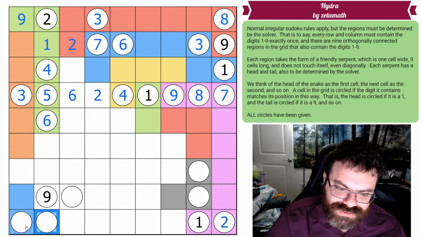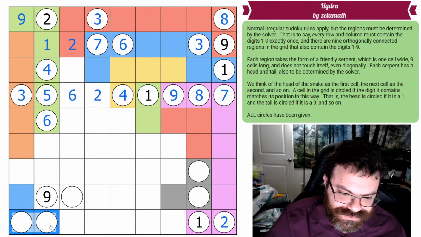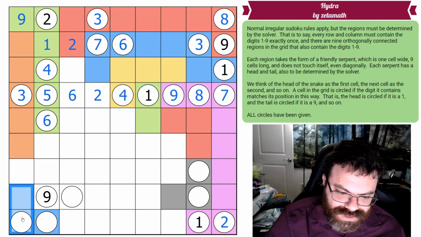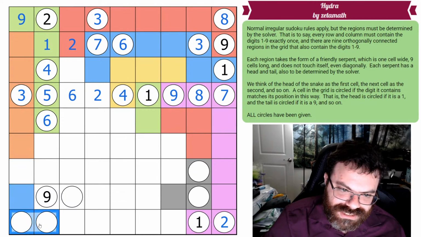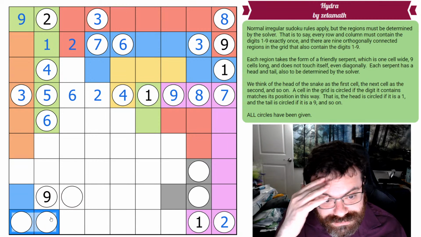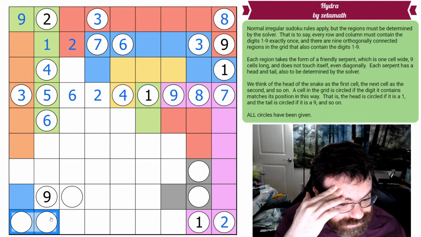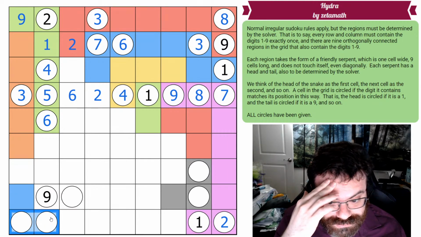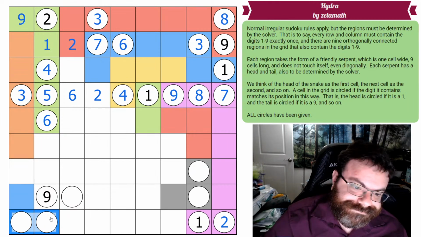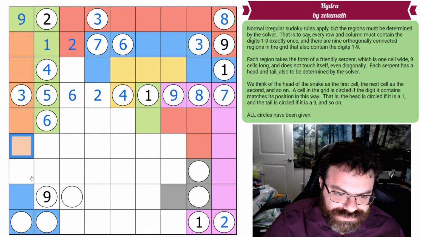Oh no, these 2 can't be 2. If it started here, we'd have 1, 2, 3. And if it ended here, we'd have 9, 8, 7. That actually seems okay. Okay, so I don't know which way it grows. But we know it's not orange.